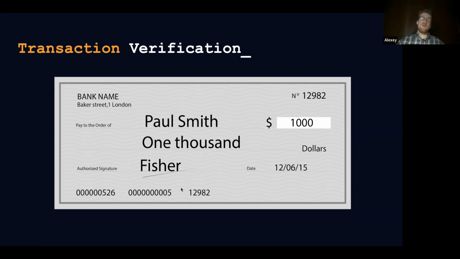And this is the process which a Bitcoin validator also does. It looks at all of these fields, it looks at all of these parameters to make sure that the transaction is not something non-existent or fraudulent.